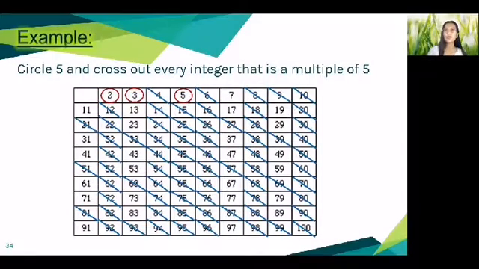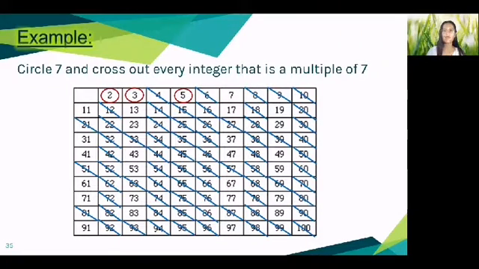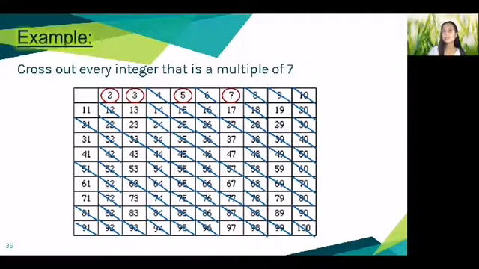Then just continue this process and look for the next number that is greater than 5 and has not been crossed out. That number is 7. Circle number 7 and cross out every integer that is a multiple of 7. Since all the integers that are greater than 7 but less than or equal to the square root of n are crossed out, the process ends.